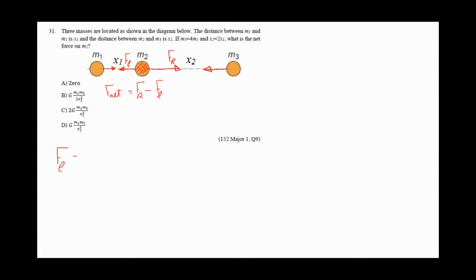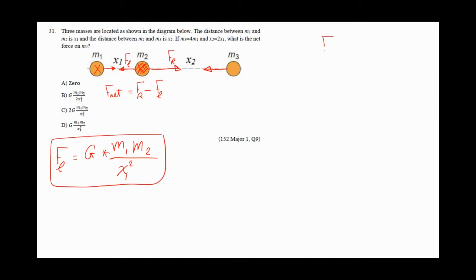The left force, between M2 and M1, equals G times the mass M1, the mass M2, divided by the distance squared. This is the equation of gravitational force. What about the right force? Fr equals G times the first mass M2, the second mass M3, divided by the distance squared, so x2 squared.